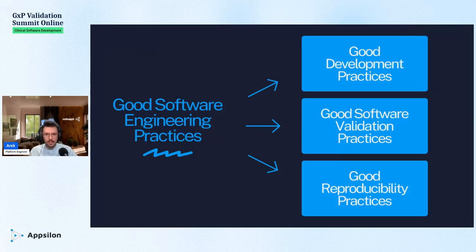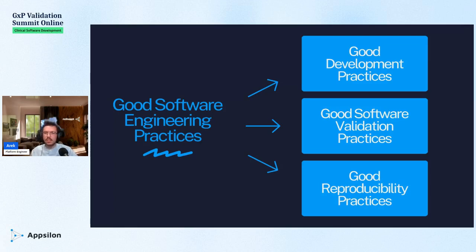So, a short intro. While we are talking about continuous integration, continuous deployment, so CI/CD pipelines, or Git as a version control tool in the GxP context, we can talk about it as a part of good software engineering practices, or to be more precise, part of those three groups that I listed on the slide that are part of GCEP.